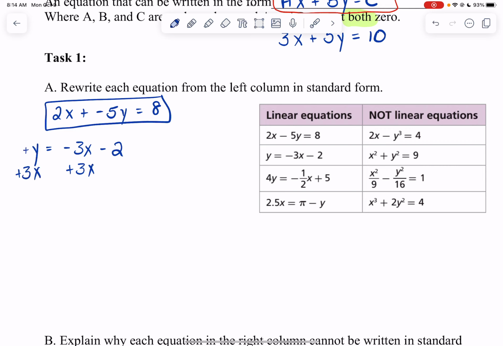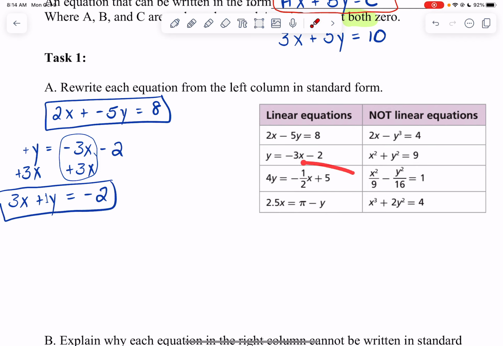And again, this is a positive y because there's nothing in front of it, it's just a 1. Now my minus 3x plus 3x is 0. So on the left side I've got a positive 3x plus a positive y equals negative 2. There's my a, my b would be 1 in this case because there's nothing in front, and my c would be that negative 2. All right, we're done with that one.